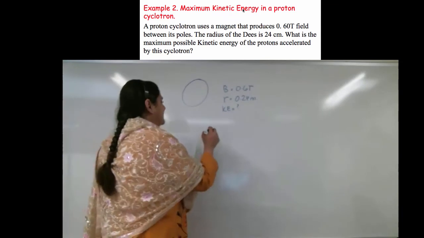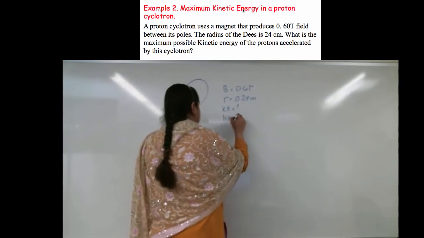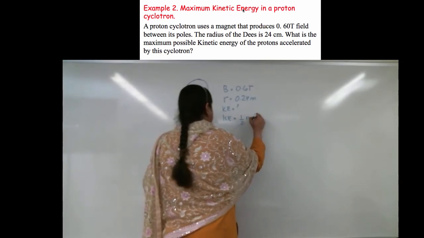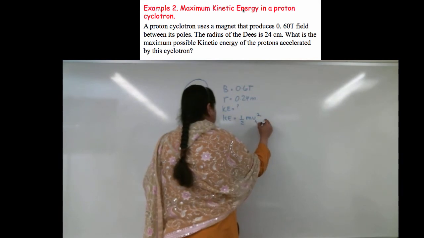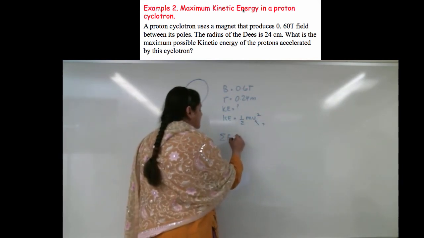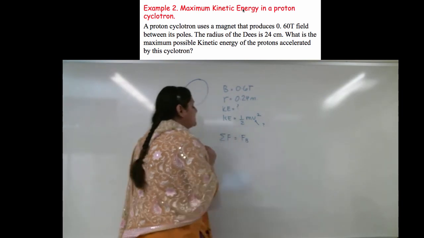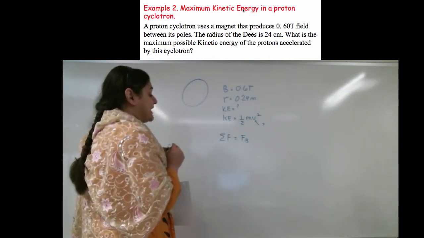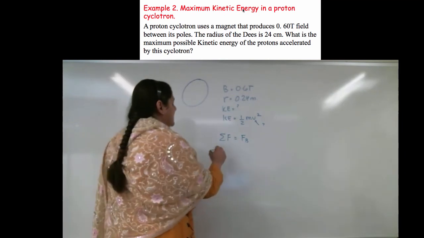What do I know? I know kinetic energy is 1/2 mv squared. Now my problem is, how do I find v? I know the sum of forces equals F_B, because the only force acting is the magnetic force.